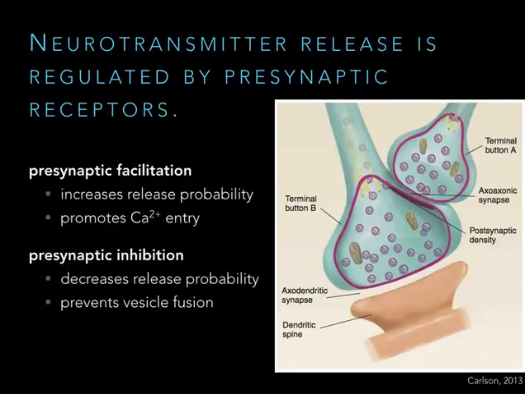Now, while we're going to think of synapses as typically between axons and dendrites, that's not always the case. Sometimes axons will synapse onto other axons to control the degree to which they're going to release their neurotransmitter. So some axo-axonic synapses, as they're called, are going to cause presynaptic facilitation, where they're going to actually increase the release probability by promoting calcium entry.